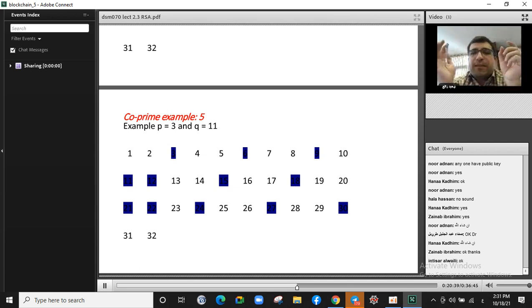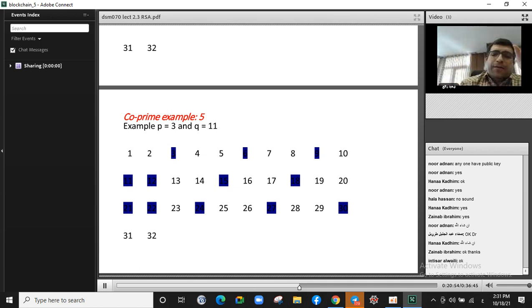For example, 7 has no common element with 33. Okay, so 7 and 33 both are coprime.